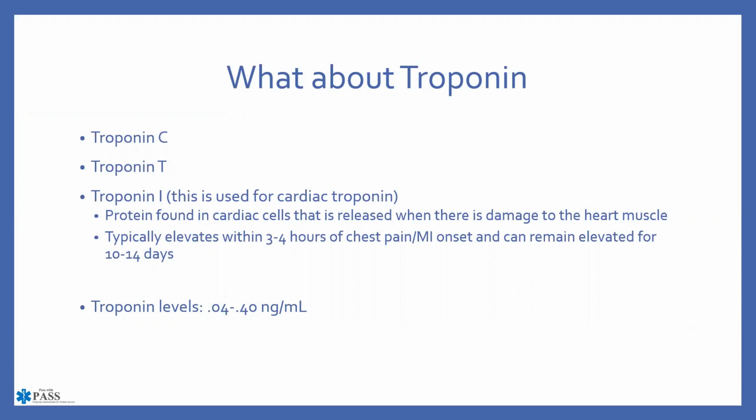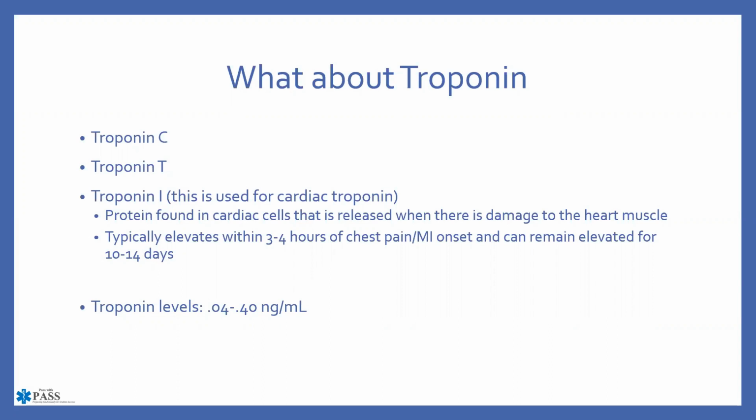It could be that they've had SVT, or a pulmonary embolus. Anything that puts the heart under additional pressure or stress is going to cause a release of this protein in the cardiac cells called troponin. It typically will elevate within 3 to 4 hours of a patient complaining of chest pain or an MI, but it can remain elevated for 10 to 14 days.